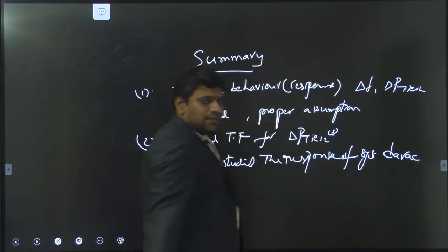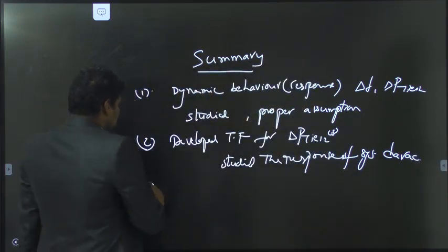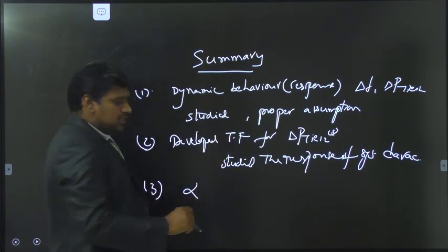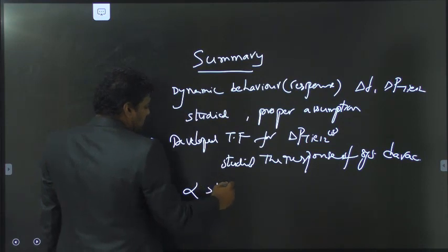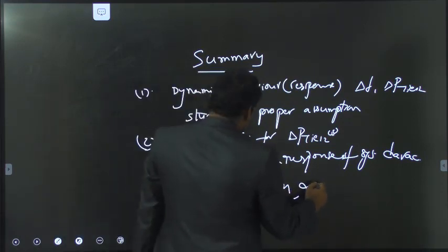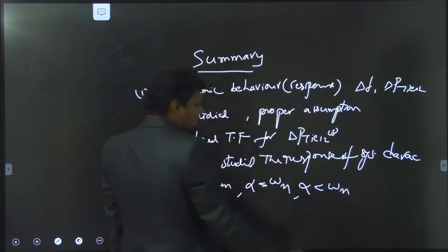So we have found the roots of the characteristic equation. Then we have studied the roots in three different scenarios: when alpha is greater than omega n, when alpha is equal to omega n, and when alpha is less than omega n. So these scenarios we have seen.